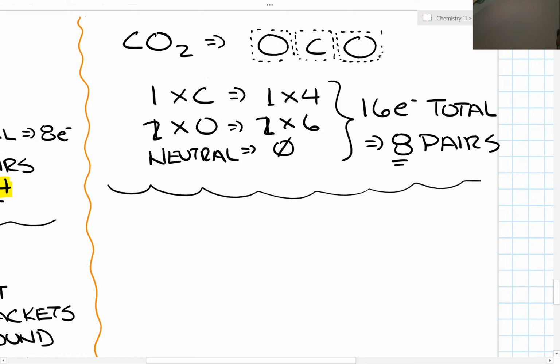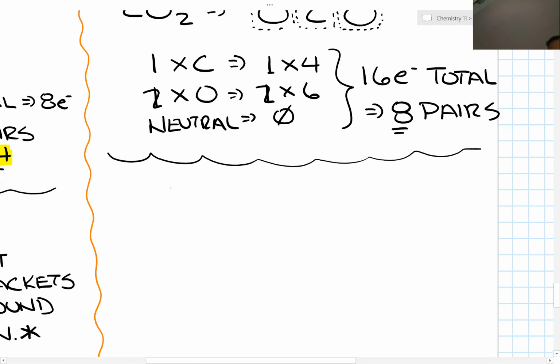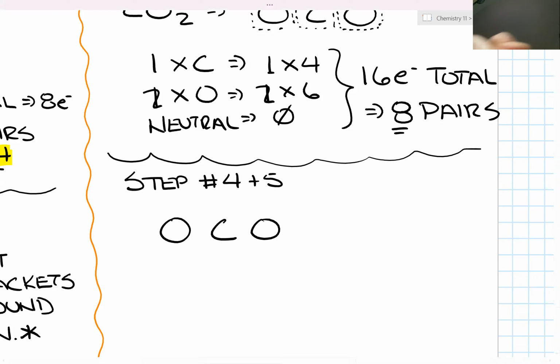Now let's build it. That's steps 1, 2, and 3. Now, if we do steps number 4 and 5, you will notice you have a problem. So we go like this: oxygen, carbon, oxygen.